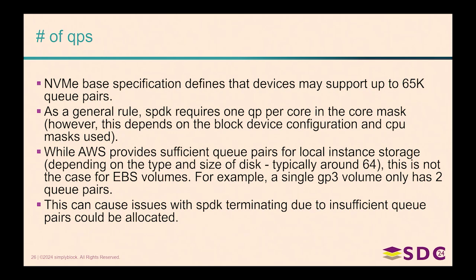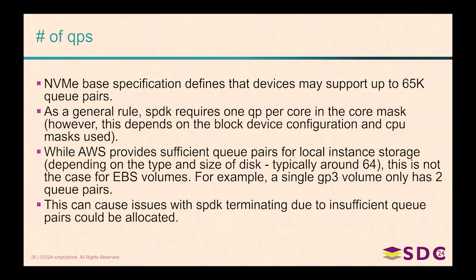Yeah, the number of Q pairs is another thing. Normally, and that's not only on AWS, GCP has a similar problem, per standard it could be up to 65K. All the hardware devices have more than enough of those, so you would never run into a limit, but SPDK assumes that you have at least one Q pair per core. In that case, it's not possible because unfortunately with block storage, not the local disks, but block storage, and we have a feature to pool block storage, you only have 4 Q pairs, and that's not enough because the node has more CPUs.